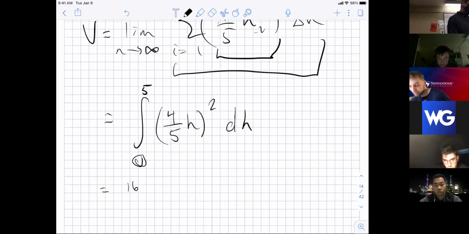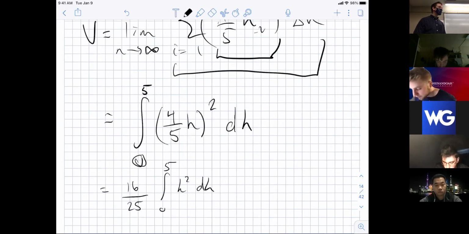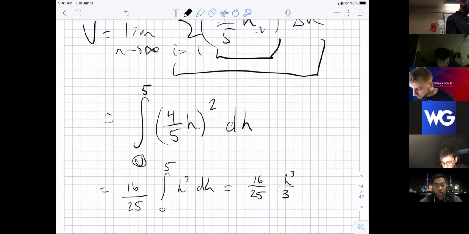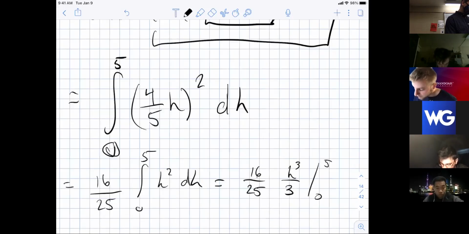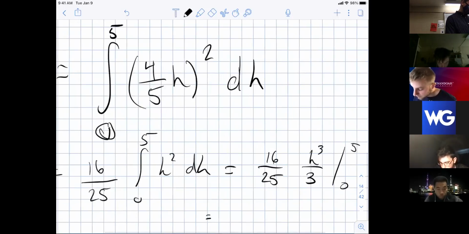If I square everything, this is 16/25 times the integral from 0 to 5 of h squared dh. And now I take the integral. I use the power rule. So this is 16/25 times h cubed over 3. I plug in 5, I plug in 0, which is 16/25 times 5 cubed over 3.